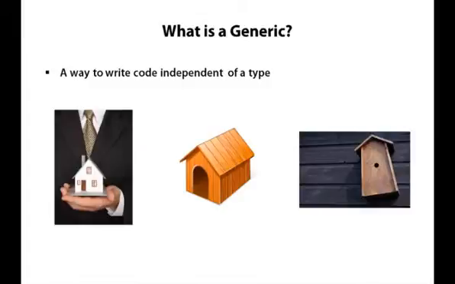And when you want to use that house to create an object of that type of house, it'll be of type, and you'll specify what the type is. So person, dog, bird, and then that house will be specifically customized for that type. We'll get into the code and I'll show you a little bit more about what that means. But just as a concept, the way to think about this is just some way of being able to create a class that will operate on different types.